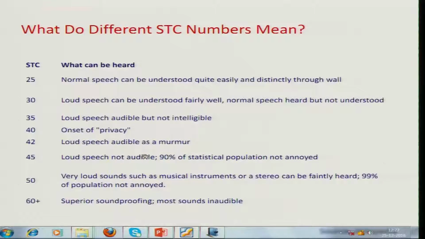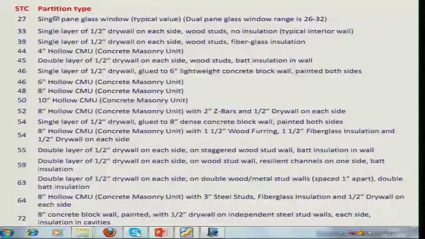Now, what kind of partitions give what kind of ratings? If you have a simple glass window, and it is not leak proof, then it gives you an STC rating of 27. So, whatever someone is talking on the other side, it will be easily heard here.